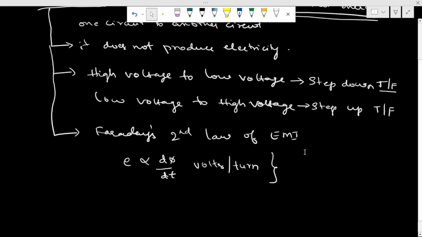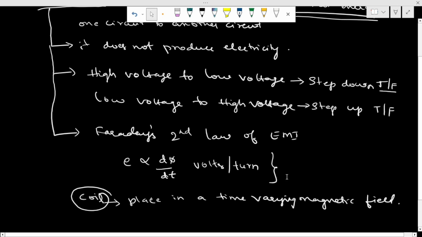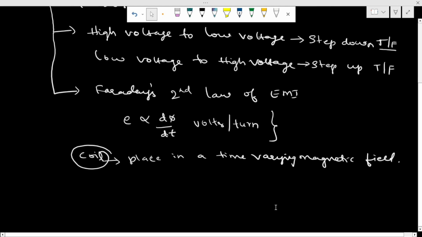Take a coil and place it in a time varying magnetic field. According to Faraday's law, whenever there is movement, EMF is induced. Here the movement takes place in the magnetic flux.